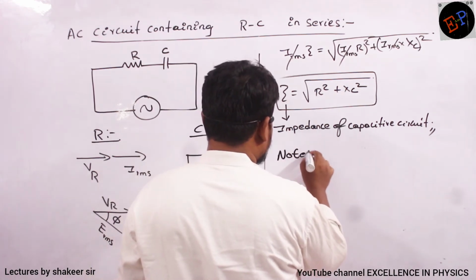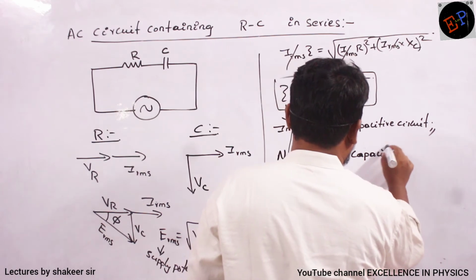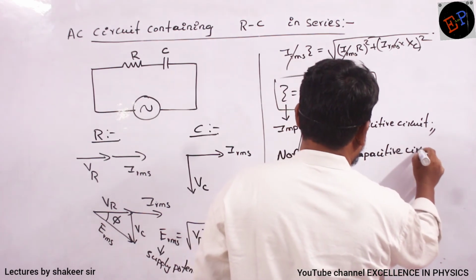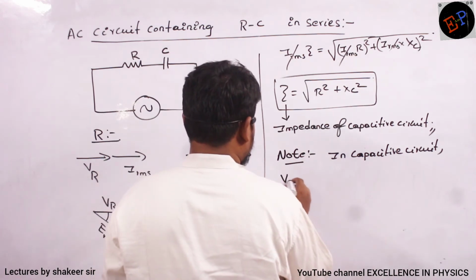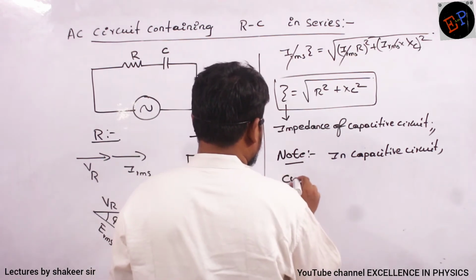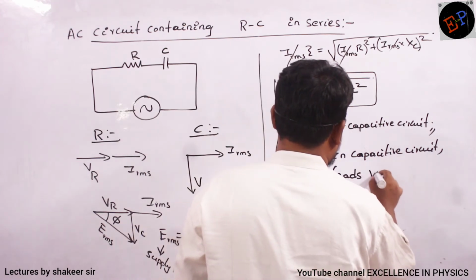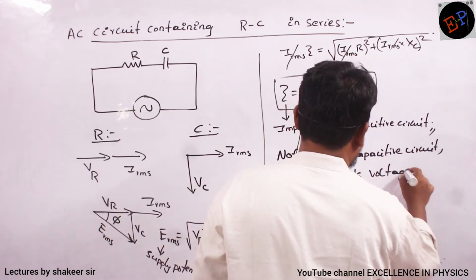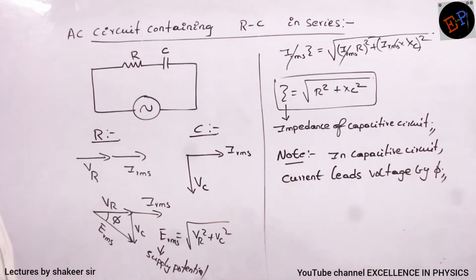Note point is that in capacitive circuit, current leads voltage. Current leads voltage by pi. That's it. Are you able to understand?